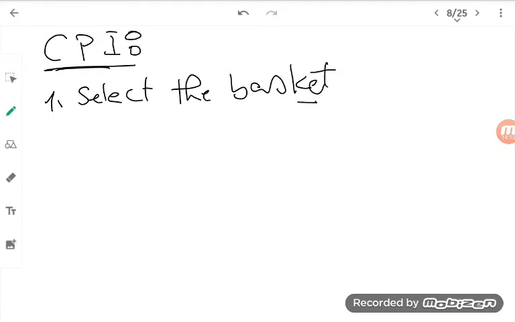Select the basket means which goods and services will be included in the basket. What are the commodities that will be included in the basket that will be used in the calculation of the Consumer Price Index? As the Consumer Price Index doesn't include all goods and services. It's just a basket.